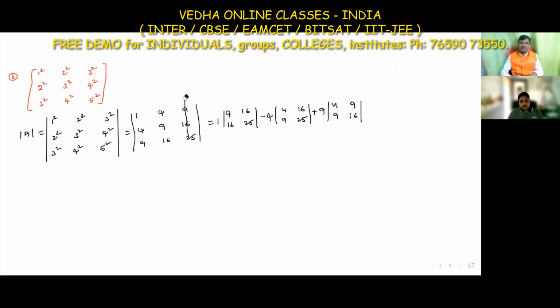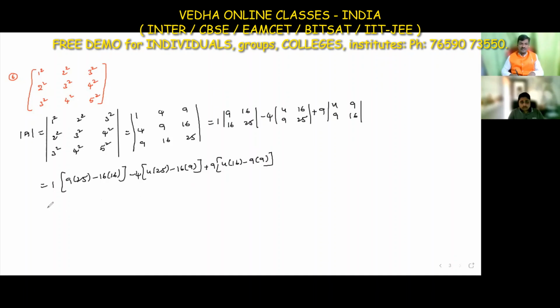Now try to simplify this. 1 into 9 into 25 minus 16 into 16. Minus 4 into 25 minus 16 into 9. Plus 9 into 4 into 16 minus 9 into 9.